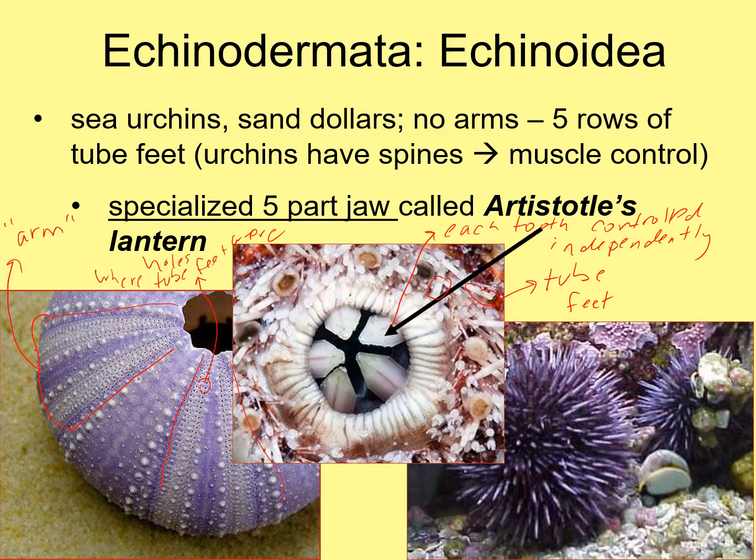So again, a lot of our echinoids, like urchins, tend to be grazing herbivores, as we noted earlier when we were talking about keystone species.